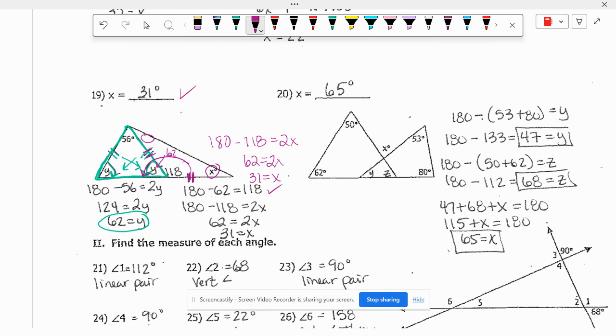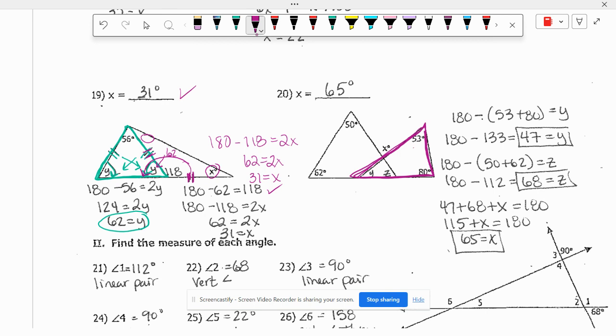Number 65 is like number 14 that I did on the board for you. So it depends on how you want to think about this, but I thought of this as, here is one triangle. So 180 minus 80 is 100. Minus 53, sorry, is 47.